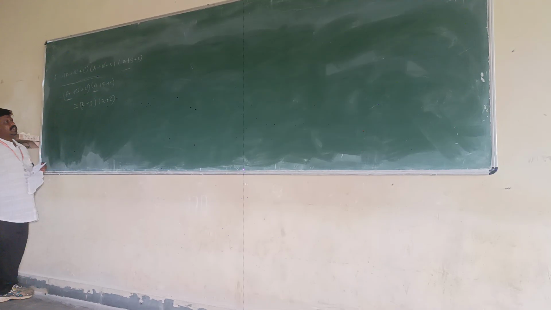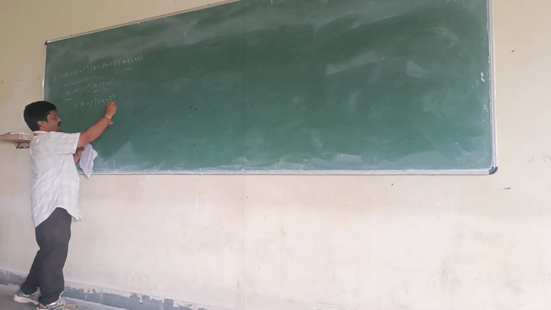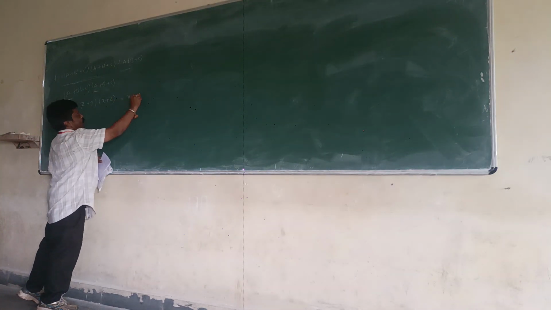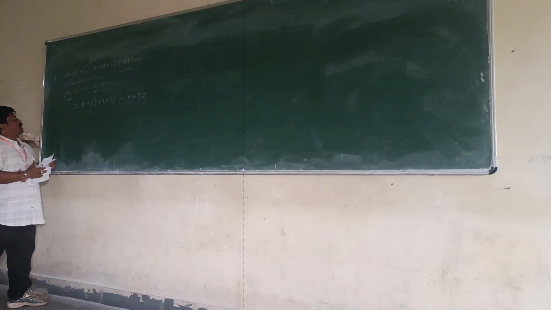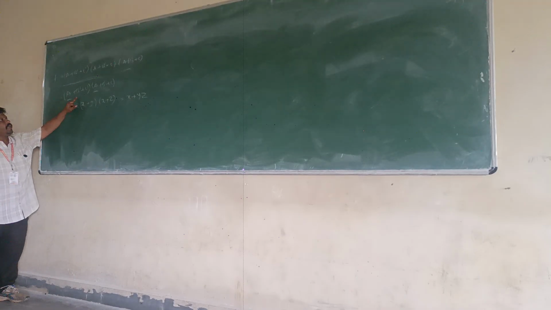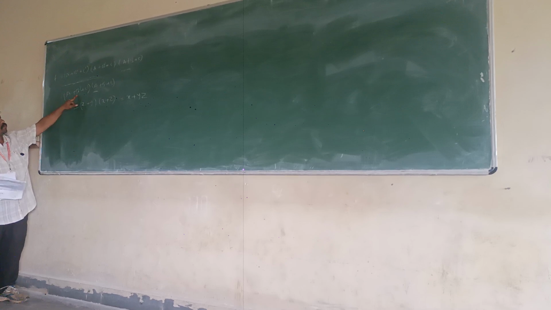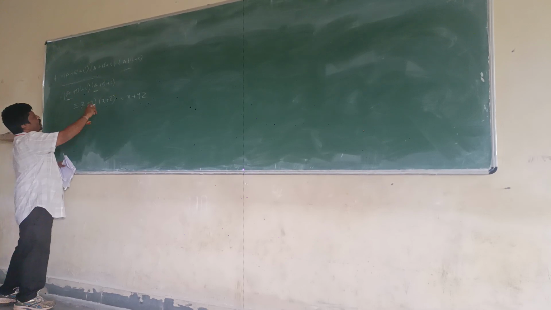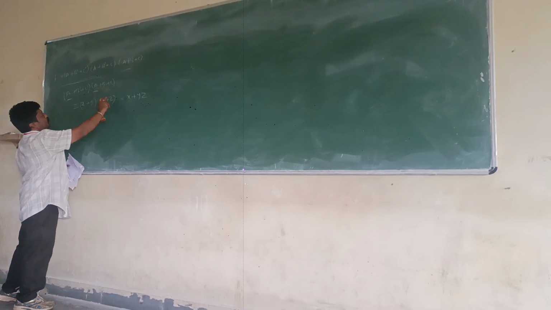This is to be written as x plus yz. Here x is a, y is b bar, and z is c.